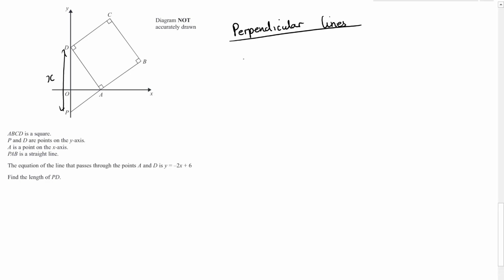The thing with perpendicular lines is if you multiply their two gradients, so this is the gradient of AD and this is the gradient of PA, it always gives you -1, okay? Or sometimes they'll refer to this as the gradient of a perpendicular line is the negative reciprocal, and that's because M1 must be equal to -1 over M2, reciprocal being 1 over, this is negative, so this is known as the negative reciprocal.